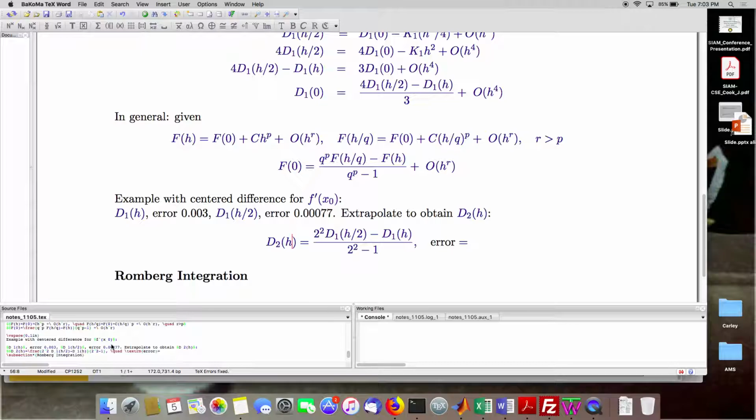I thought I had the error written down here somewhere. Nope, I don't have it here. I have the error for every single other approximation I do in this example except this one. Okay, not to worry, I will find it really quick.